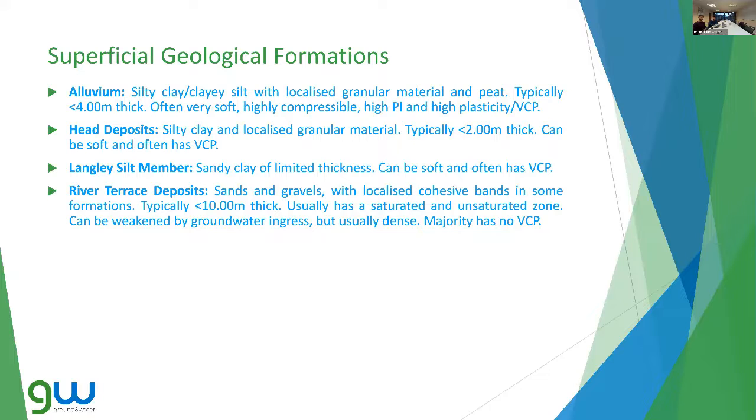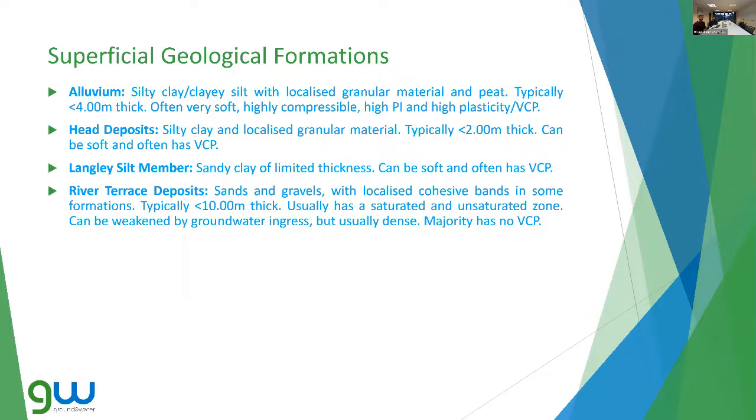We do have the Langley Silt Member. This is again a soft layer. It's not always cohesive, so it could be partly granular as well. It is of limited thickness and it often has volume change potential. People try to avoid this in construction.